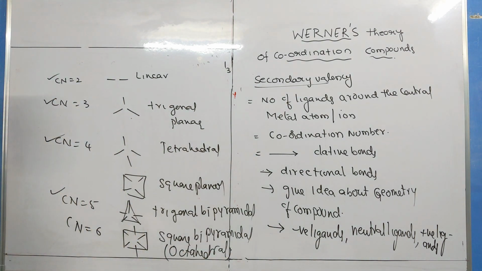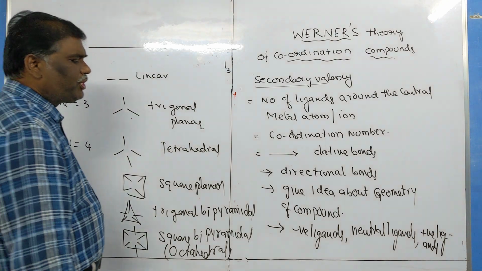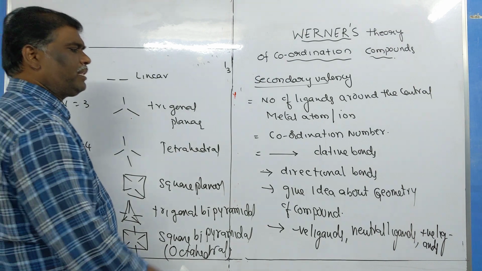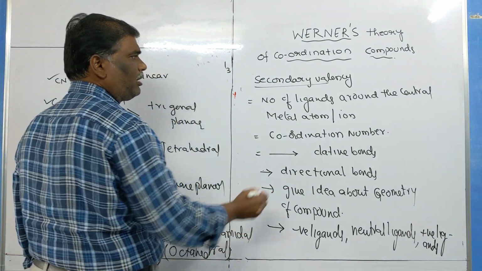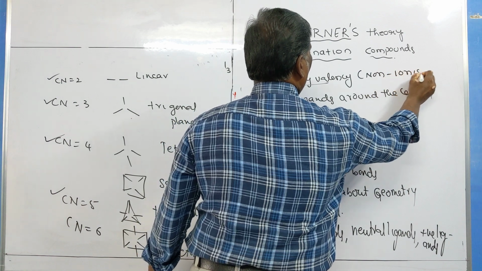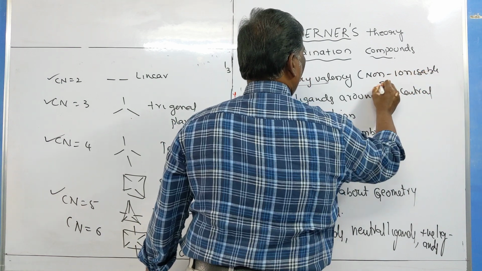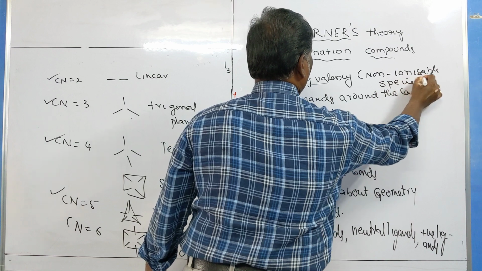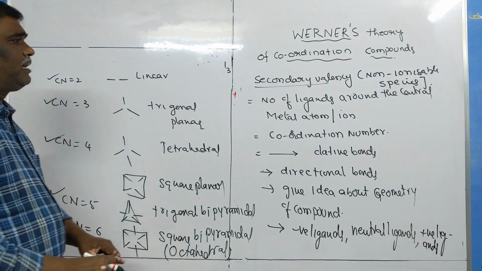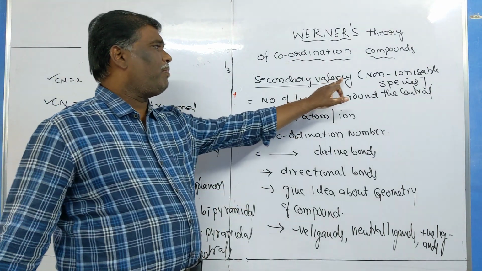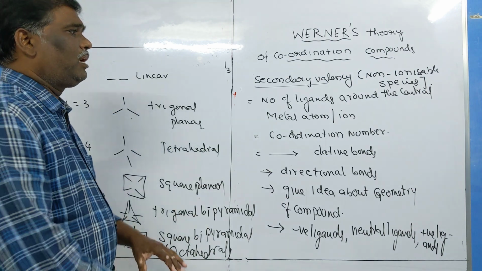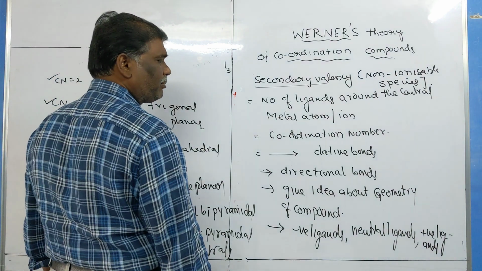One more point is that the species represented by the dative bond are non-ionizable. I repeat once again. Secondary valency is represented by non-ionizable species or the ligands surrounding the central metal atom or ion.